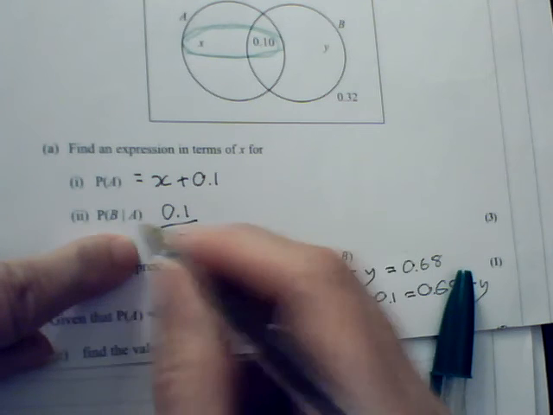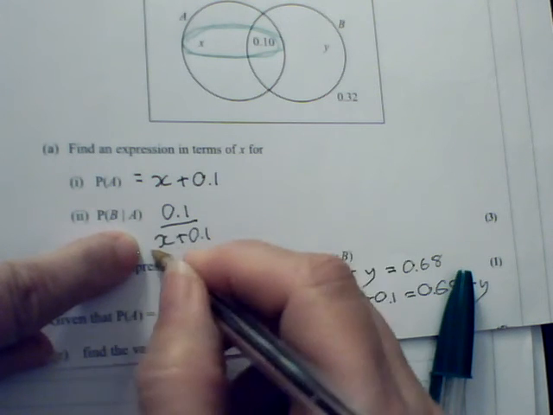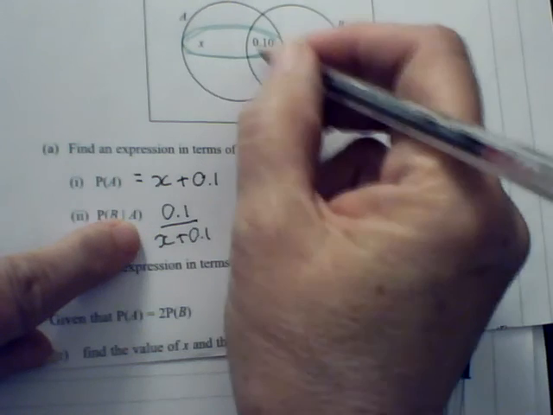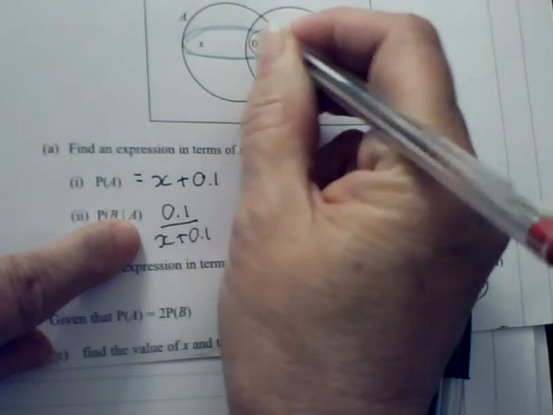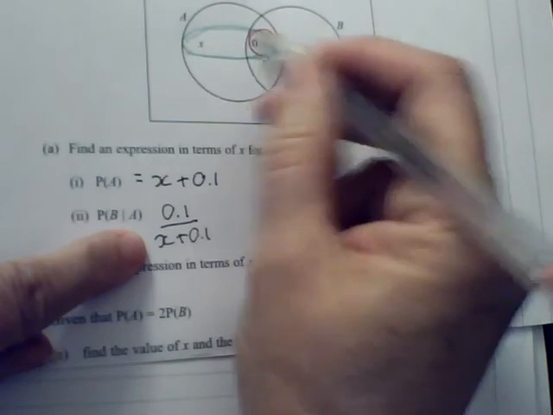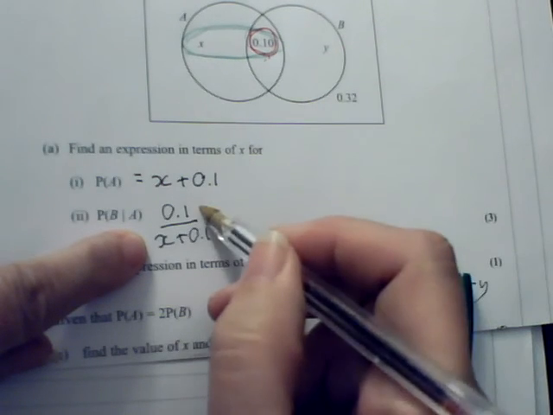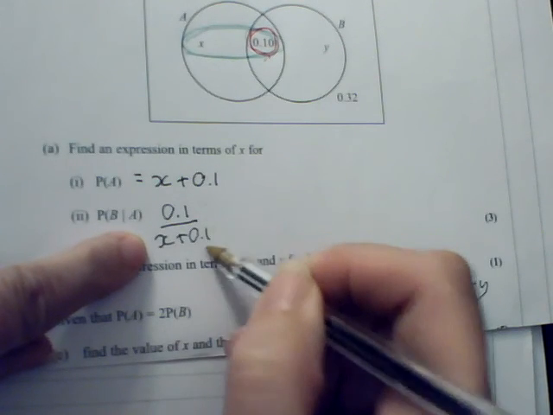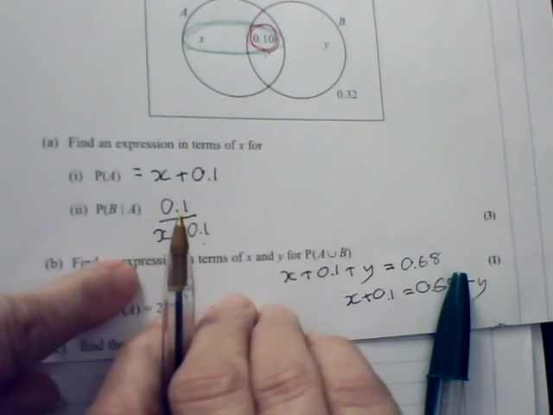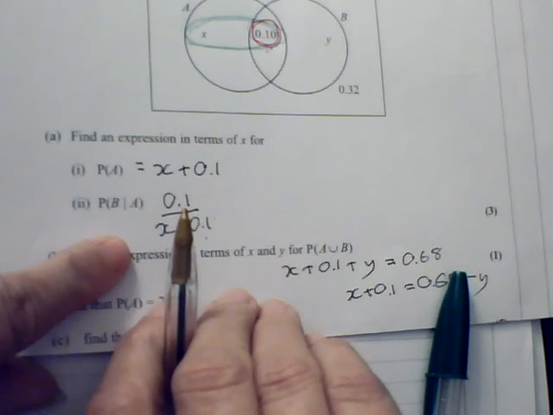So the probability of A is x plus 0.1 from here, and the probability it's B is this value here. Well, there's only one thing it can be, that's 0.1. So it's 0.1 divided by x plus 0.1. No simplification needed, that's the end of that one.